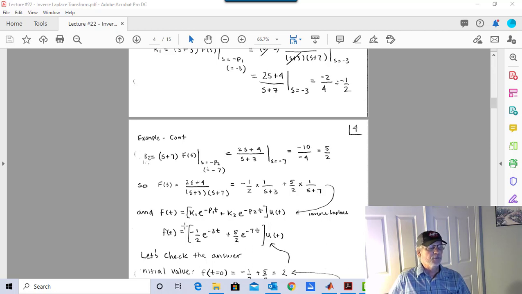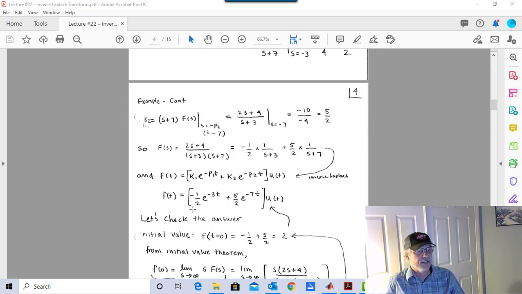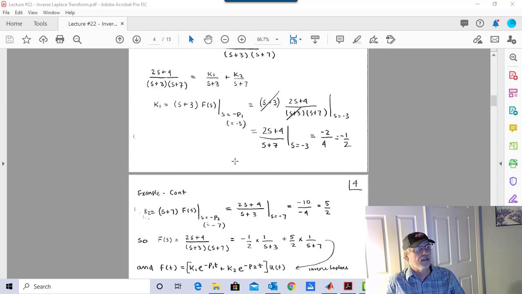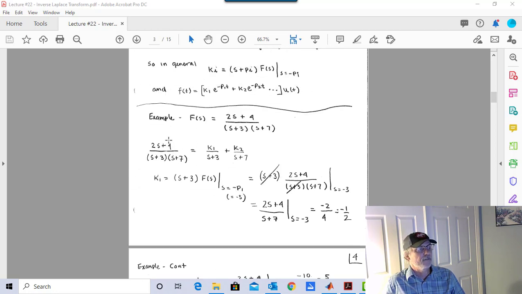And from here, our inverse Laplace transform is trivial. It's the easiest inverse Laplace transform in the table. And so f of t, we just put our K1 here, e to the minus 3t plus K2, e to the minus 7t, u of t. So here is our inverse Laplace transform of this function.